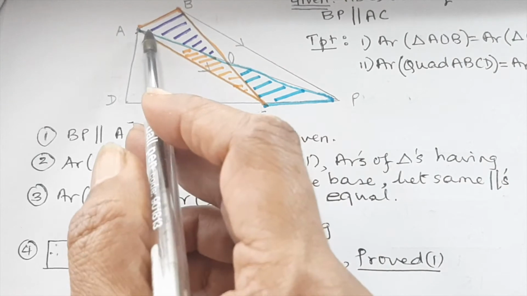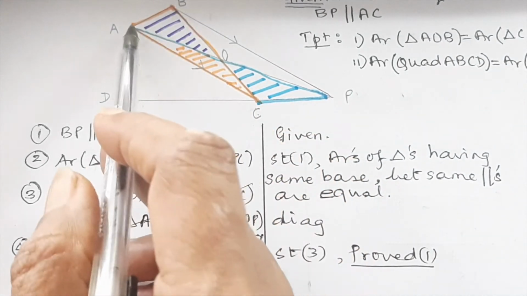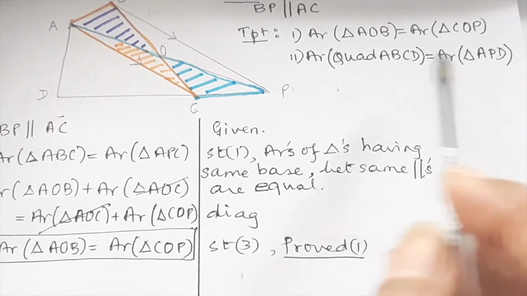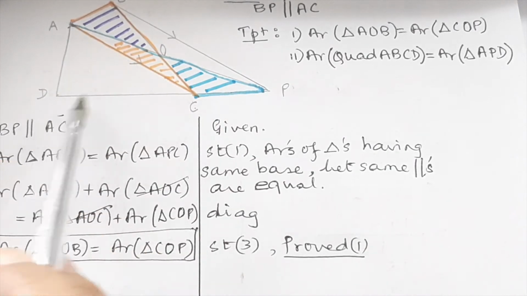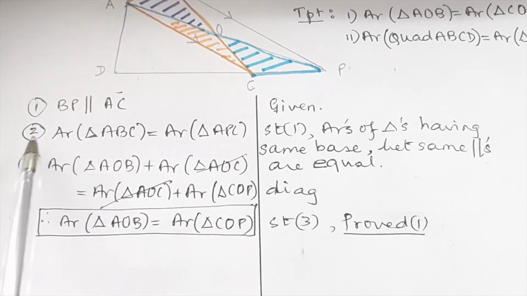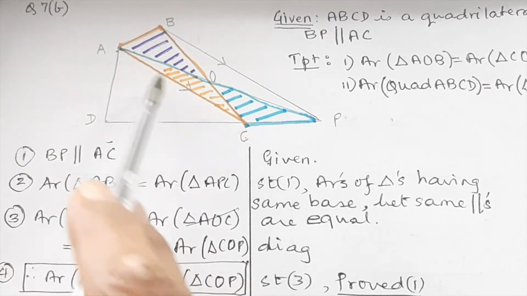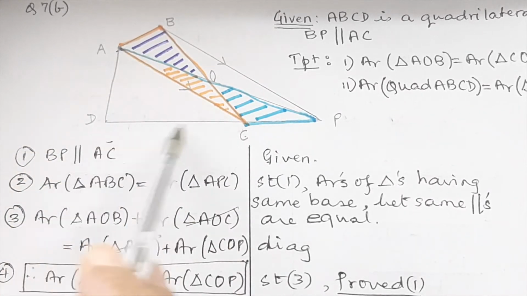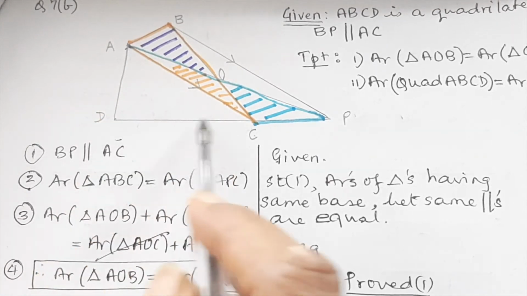Now area of ABCD will be this triangle ABC plus APC, and area of triangle APD will be this blue triangle and orange APC plus ADC. So we are taking statement number 2, that is ABC triangle and APC triangle. To each of them we will add ADC. So to statement number 2 we are adding this area.